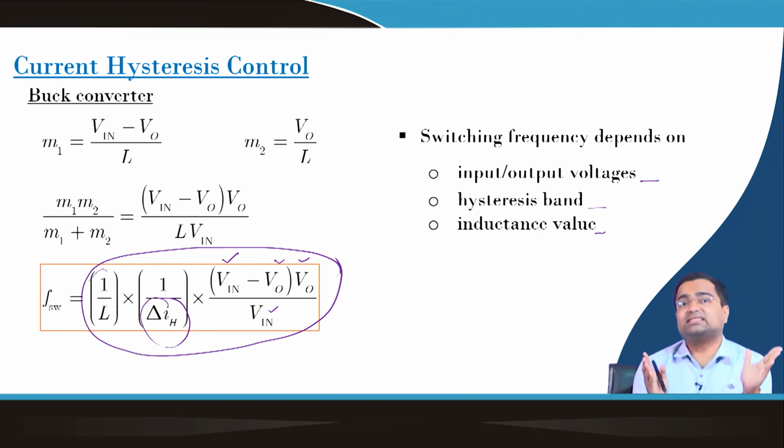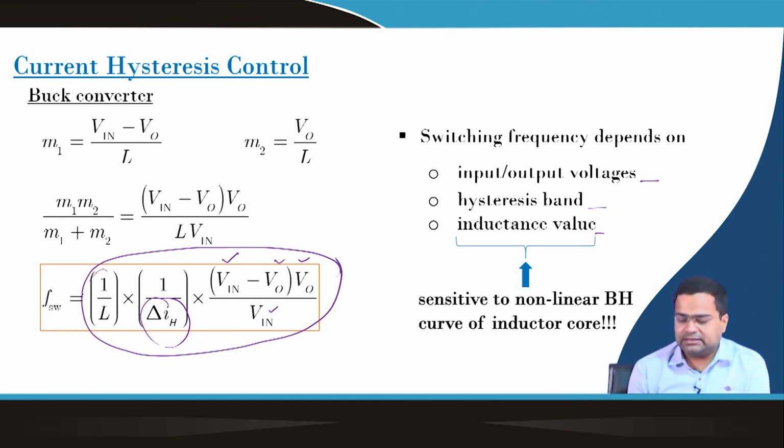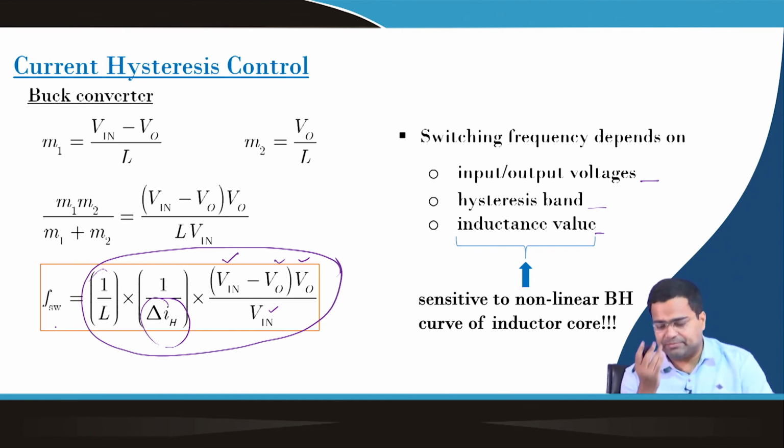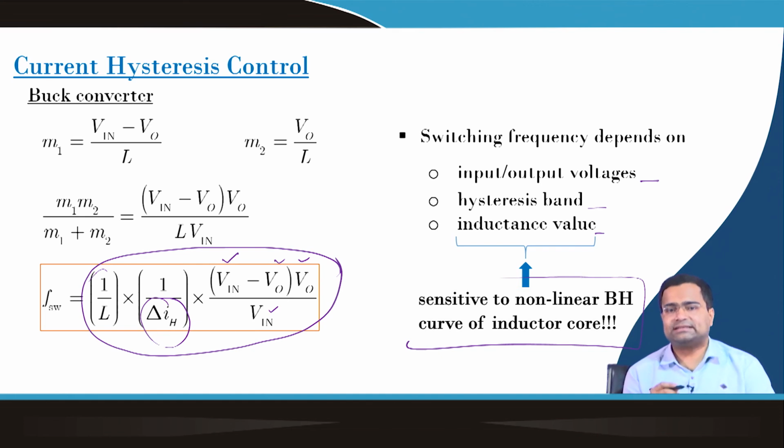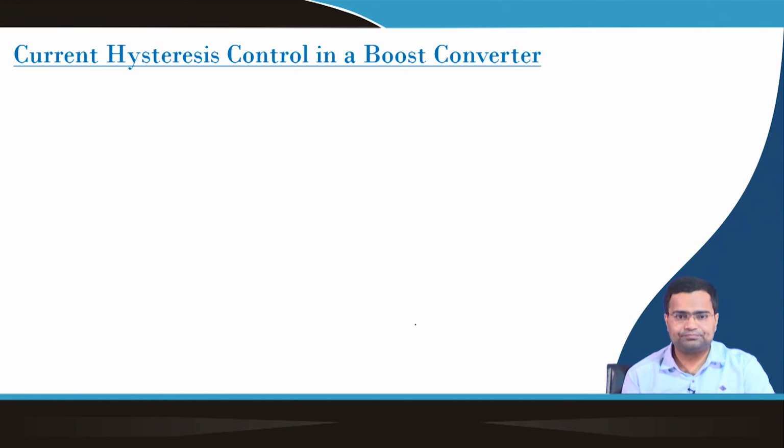As a result, the inductance can vary, and if we try to operate at a higher current, there can be a core saturation effect, which can drastically change the inductance value. Under such a condition, the switching frequency can become very sensitive to the nonlinear BH curve. So, you have to take care of the switching frequency if you want to regulate it using a separate control loop like a PLL, phase locked loop.